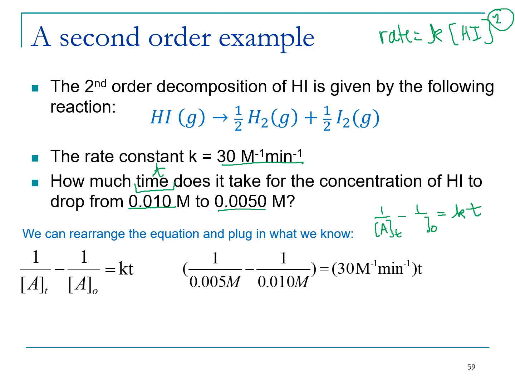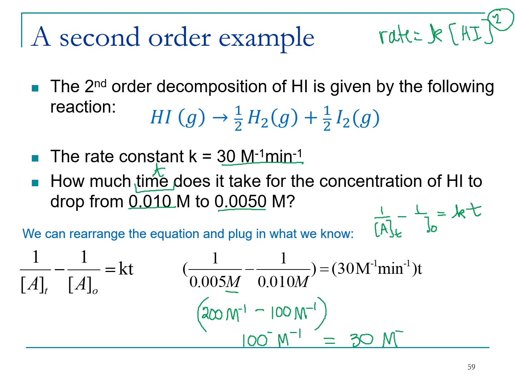So this is in molarity. Well, it's actually an inverse molarity, right? 1 over molar, 1 over molar. So when I do this number, it's 200 inverse molar minus 100 inverse molar. So that becomes 100 inverse molar.